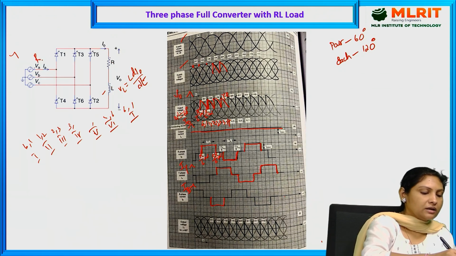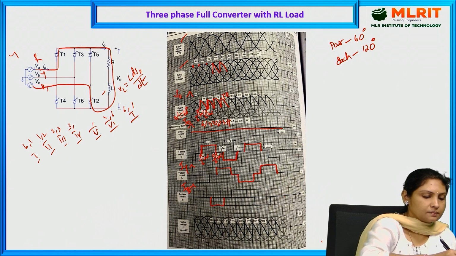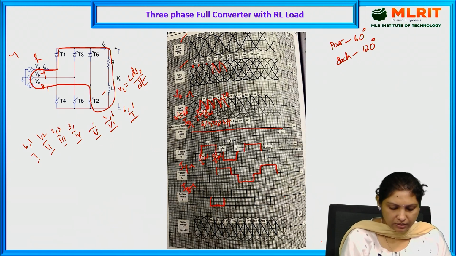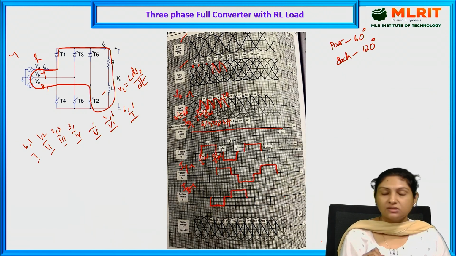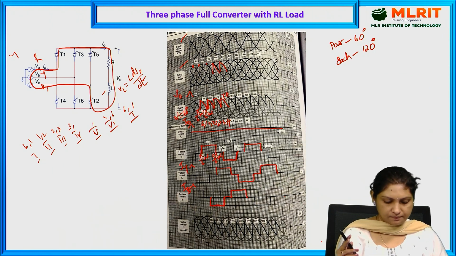This is R, Y, B. R in the sense thyristor 1 should be conducting, and B phase, in the sense thyristor 2 is conducting. So during which it will remain negative, and again it remains 0, and again it remains positive. So this is a quasi square waveform which we will get for phase currents.